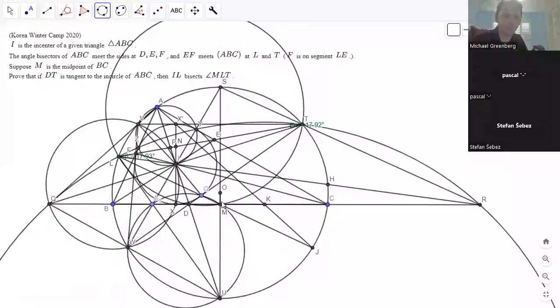And then G looks like it lies on that circle, I don't know.